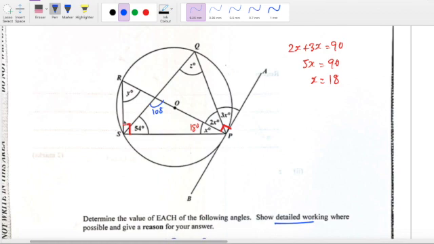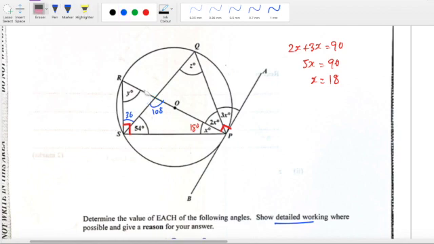All right, let's work out this over here, because that is 90. So 90 minus 54 is 36. So this is 36. And we have a straight line here, angles on a straight line. So this here will be 180 minus 108, which is 72.